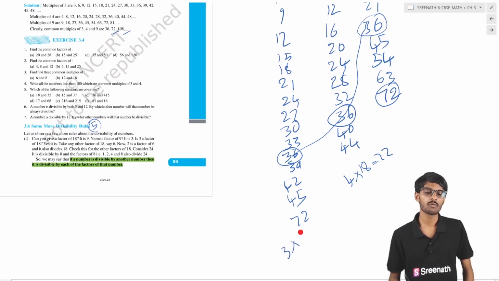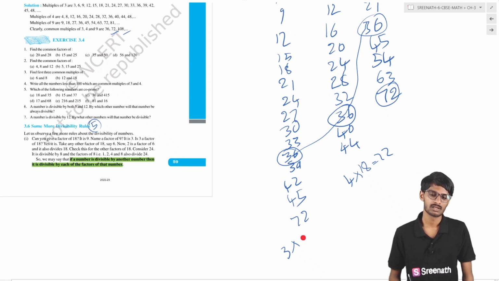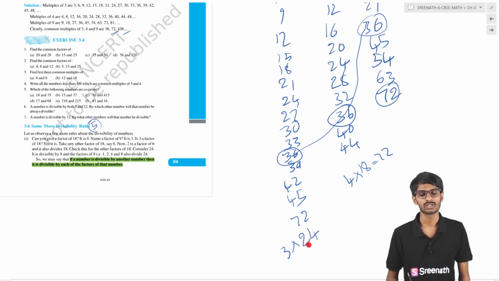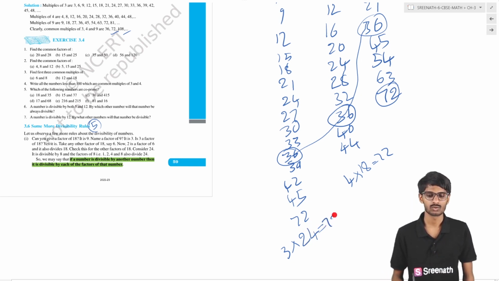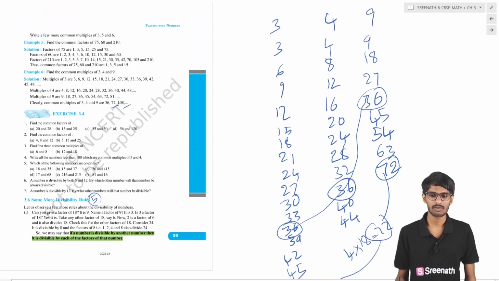And in the 3 table, how many times do you get 72? 24 times. So 72 is also a common multiple, and 108 is also a common multiple. So these are the common multiples.